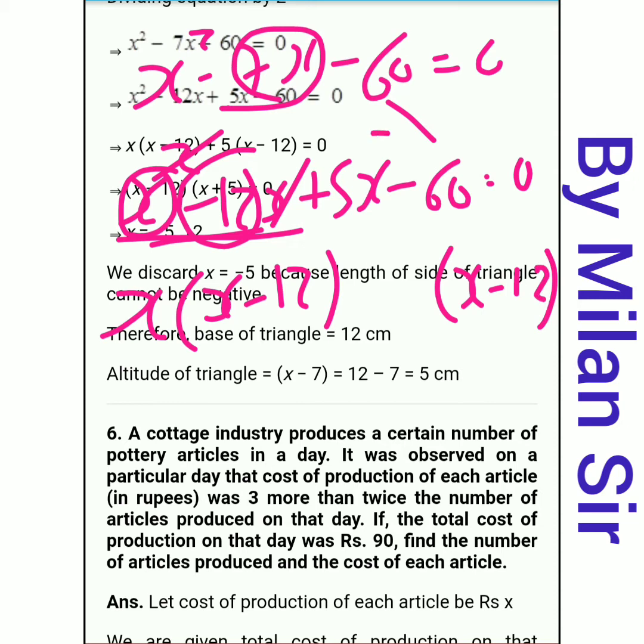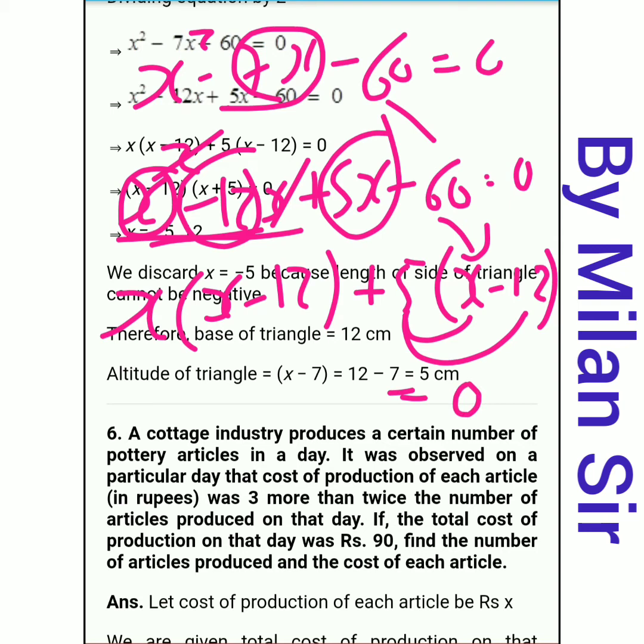Now we need to look at the third term. It is plus 5x. x is already present here, remaining is plus 5. So that plus 5 we need to write before the bracket. Then just check this, 5 multiply x is 5x, 12 fives are 60, plus minus minus, so this step is right. Now we can take x minus 12 as a common.